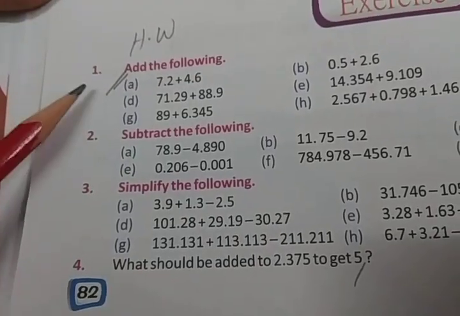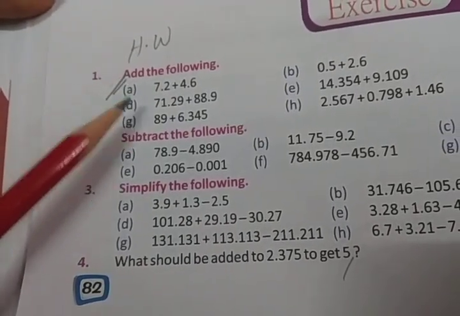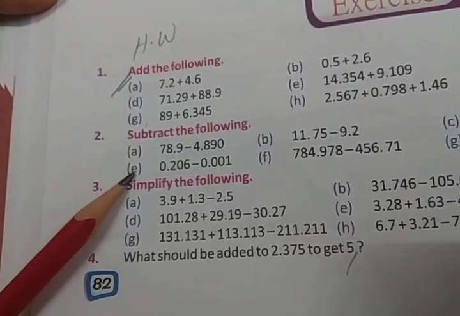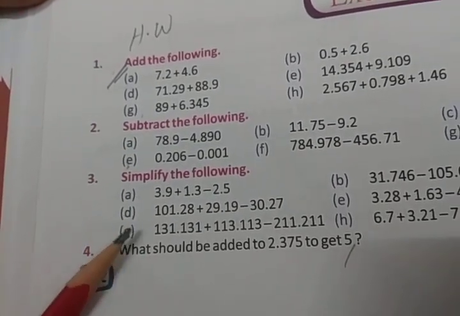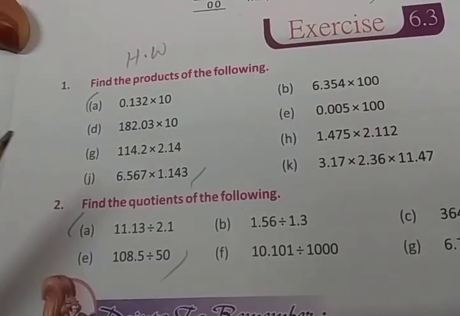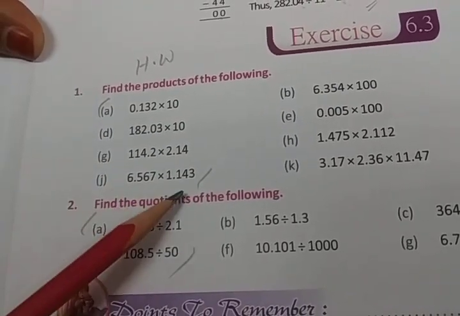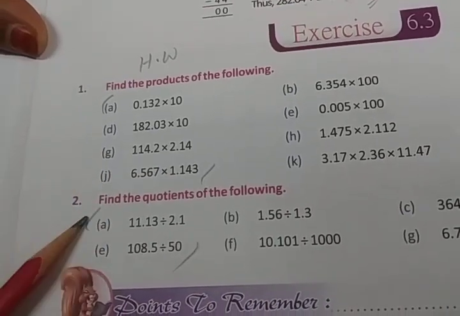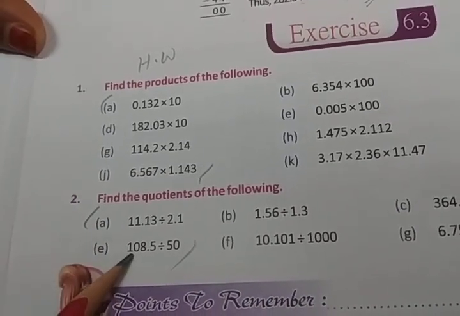Then add the following 3, subtract these 2, and simplification, these 3 problems you have to solve. In multiplication you have to solve 1 to 4, these 4 problems, and in division you have to solve these 2 problems. Thank you.